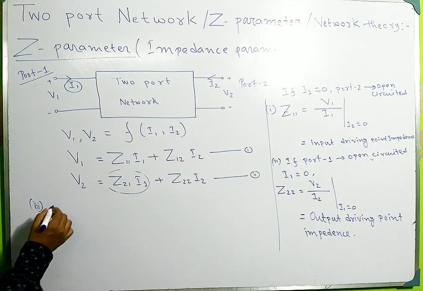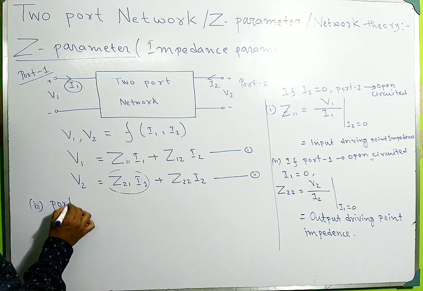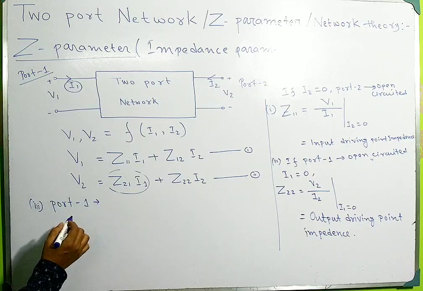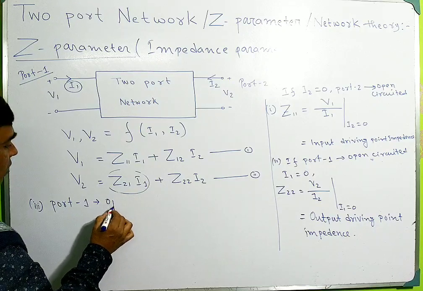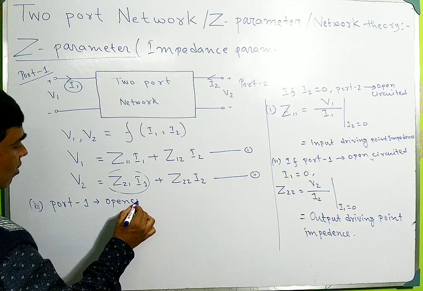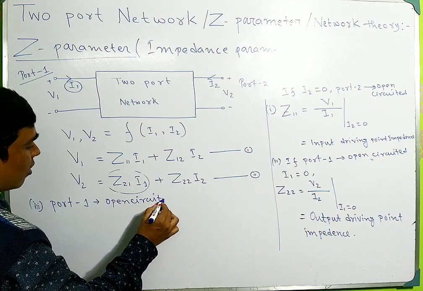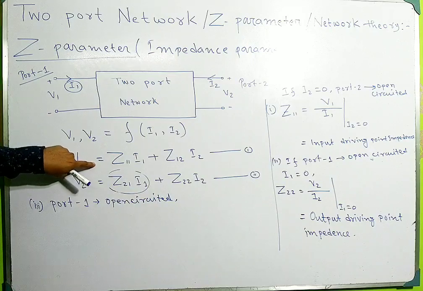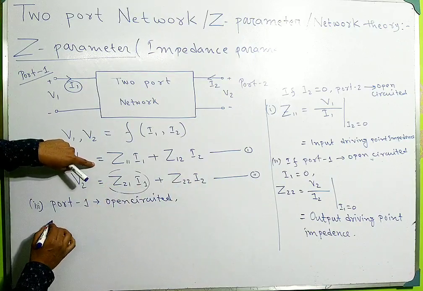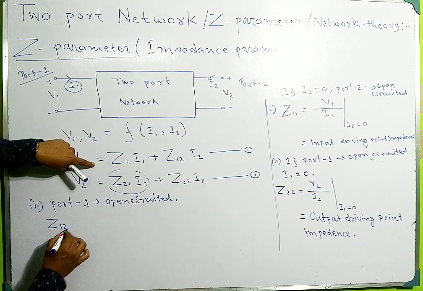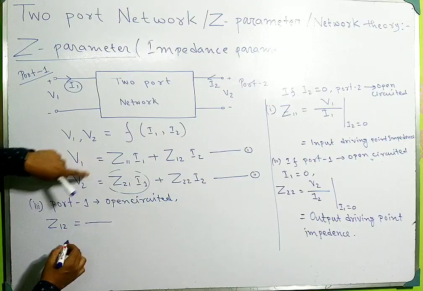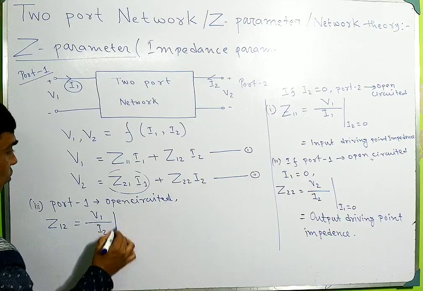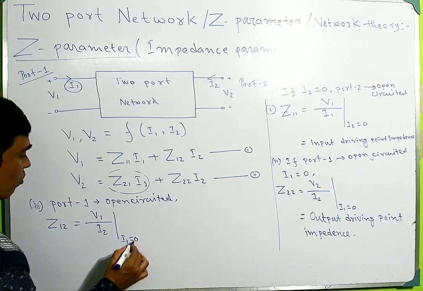So when port 1 is open circuited, then from equation 1 we can define that Z12 must be equal to V1 by I2 when I1 equals to 0.